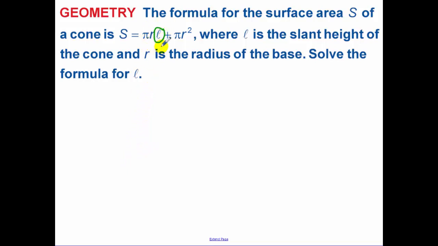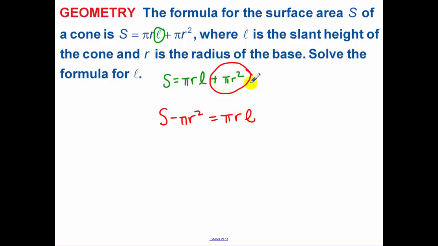So think of L as your variable and everything else is numbers. So to isolate that L, since something's being added to it, I have to subtract this term from both sides, doing the opposite operation that's happening to it.